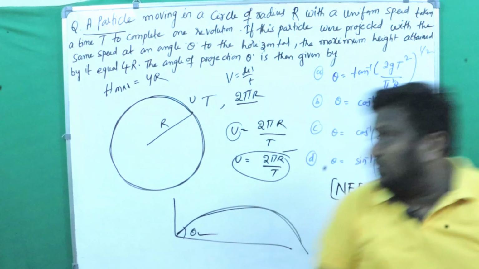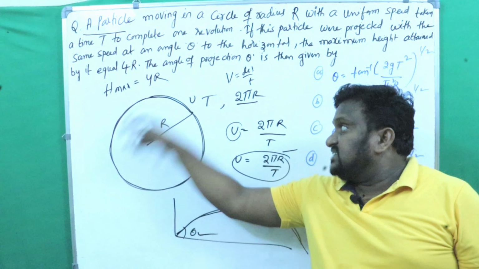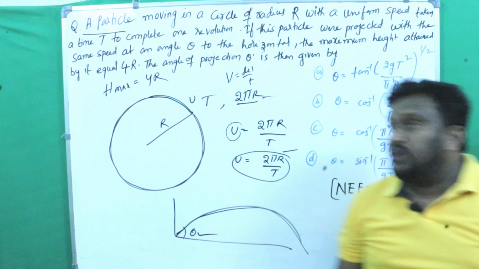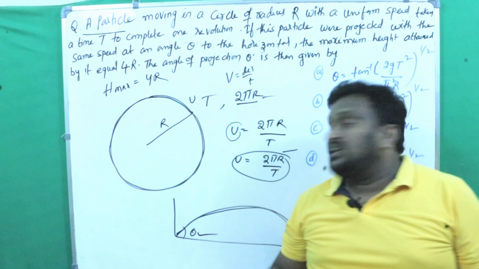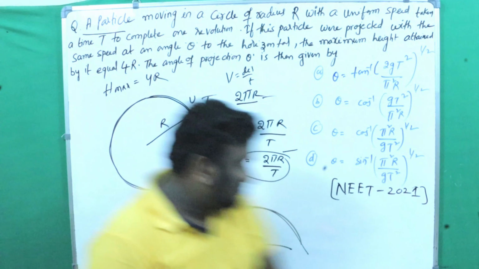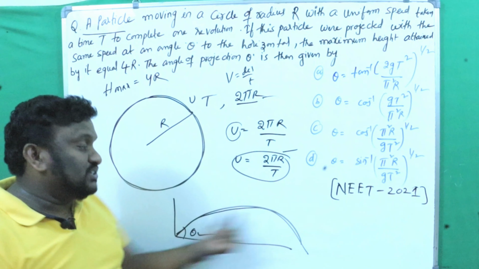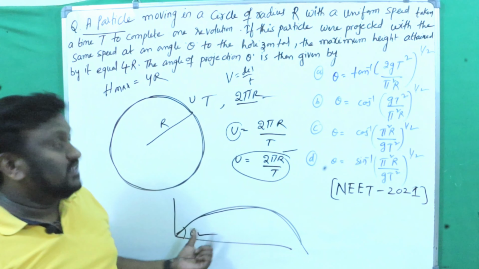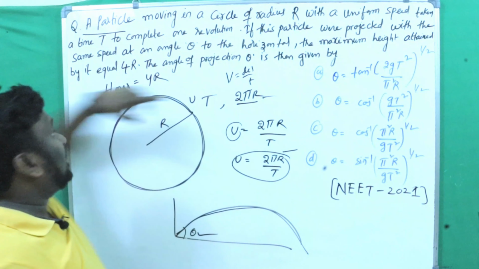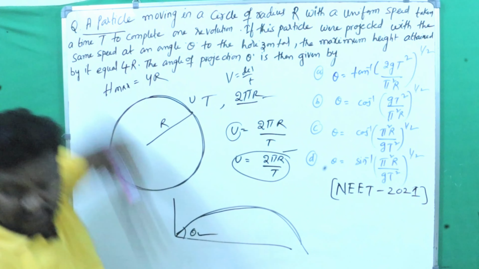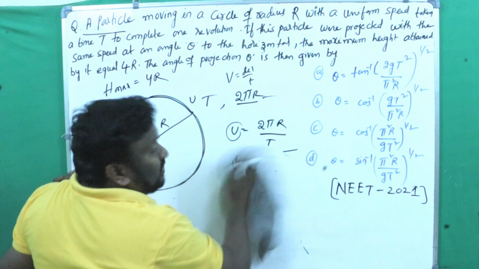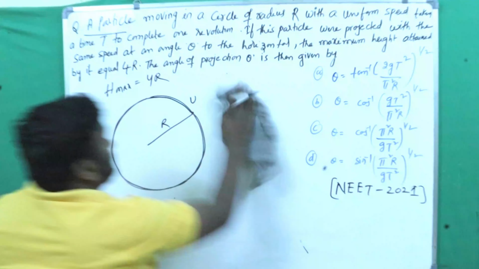A particle is revolving with velocity u and travels distance 2 pi r for one rotation, where u is the velocity and r is the radius. It's very clear. With the same velocity, the projectile is projected with some angle theta. Then we have to find the theta value by using the relation H max is equal to 4r. So that is the given problem. We have to check among the 4 options which one is correct.